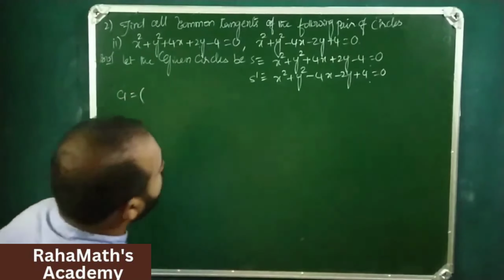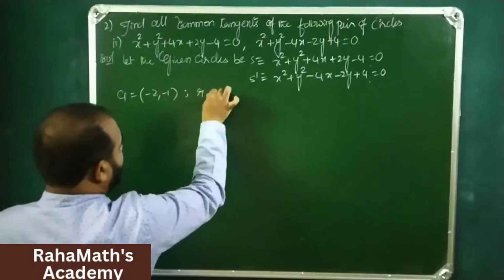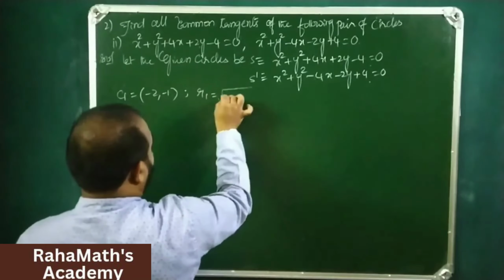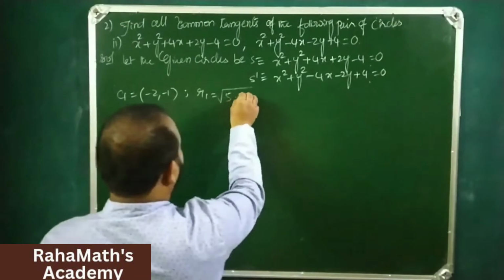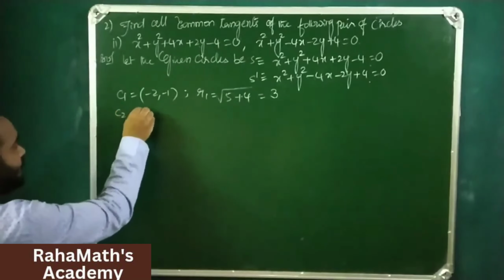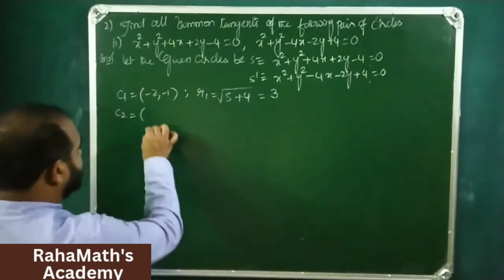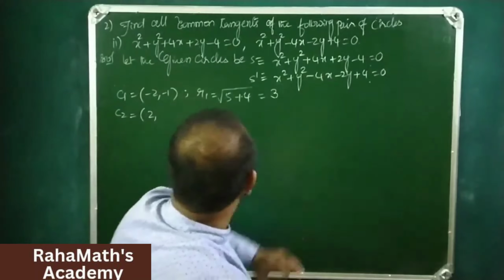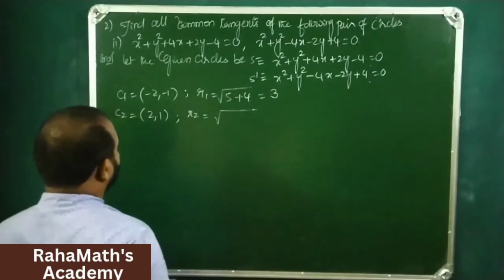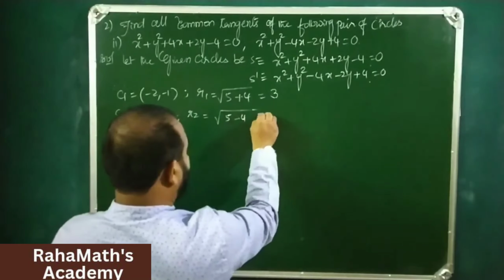C1 is equal to minus 2 comma minus 1. Radius R1 equals square root of 2 square plus 1 square, 5 plus 4, that is root 9, which is 3. C2 is equal to 2 comma 1. R2 is equal to square root of 2 square plus 1 square, 5 minus 4, which is 1.